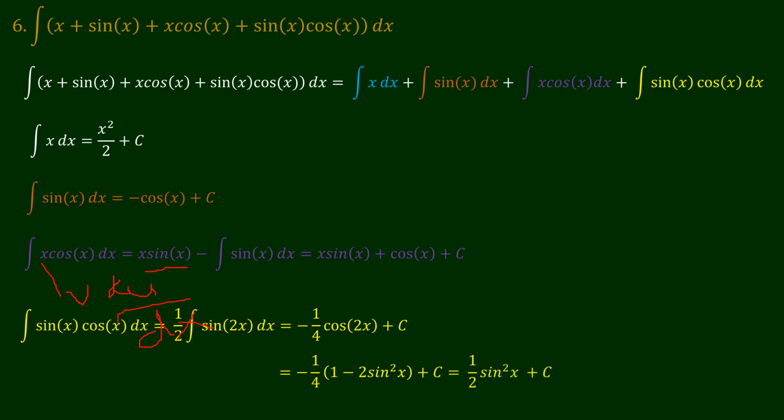So we have cosine 2x being 1 minus 2 sine squared x, plus c here. Then we have a constant here. A quarter times 1 is negative 1 over 4. So we can bunch the constants together. And so we have the answer being 2 over 4, which is a half of sine squared x plus c.